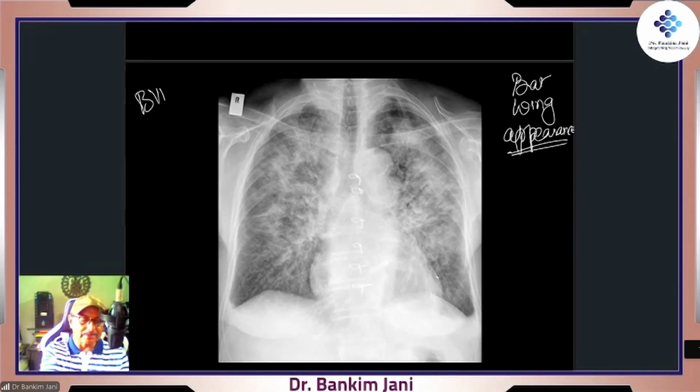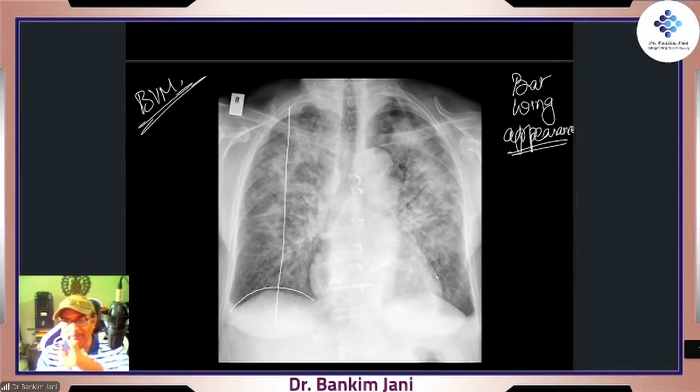Bronchovascular markings, BVMs. 7? No. Not 7. That is the diaphragm level, which is telling whether the heart is expanded. 2/3 of the lung. That's the answer. Right? Up to this level.